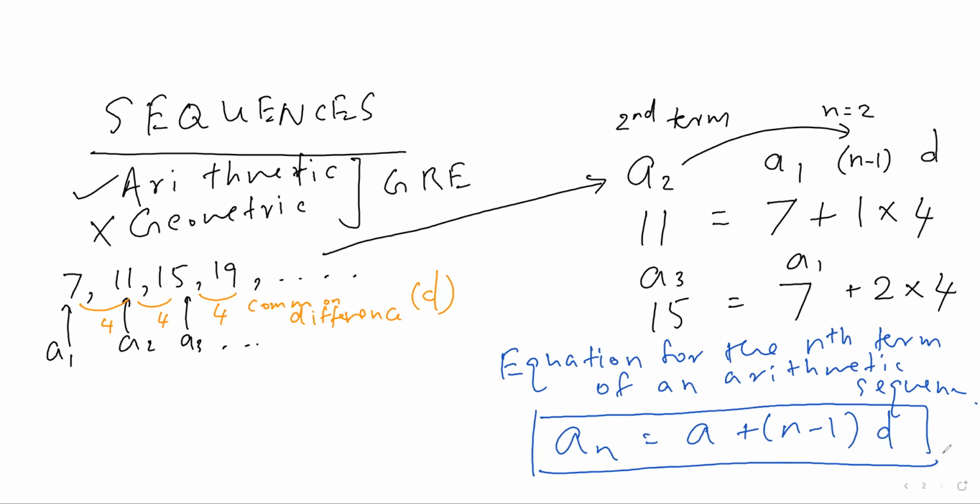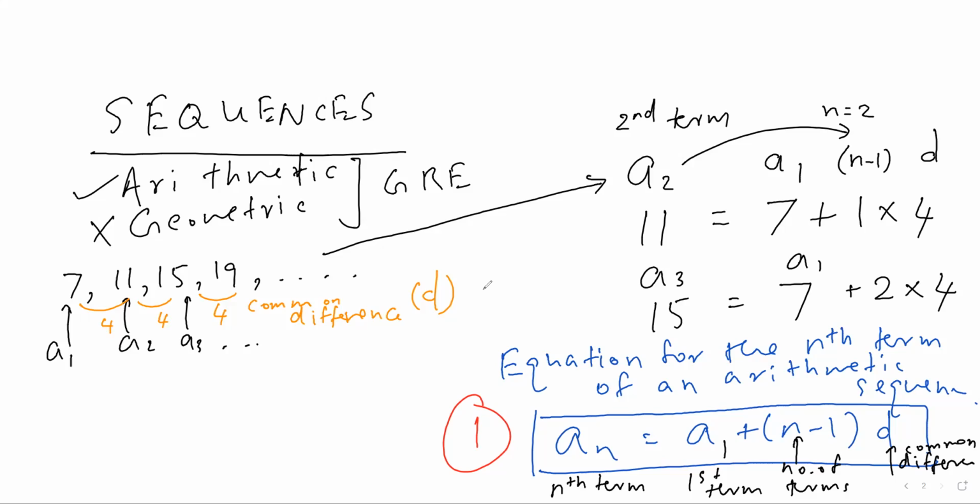We just saw how that works in the example. Here, an is the nth term, and a is the first term; sometimes rather than calling it a, you can call it a1. n stands for the number of terms, and d is the common difference. This is the first equation that we are looking at.